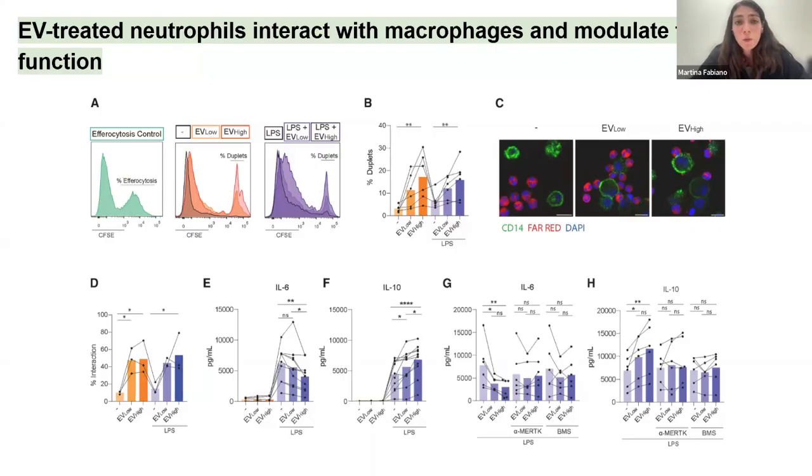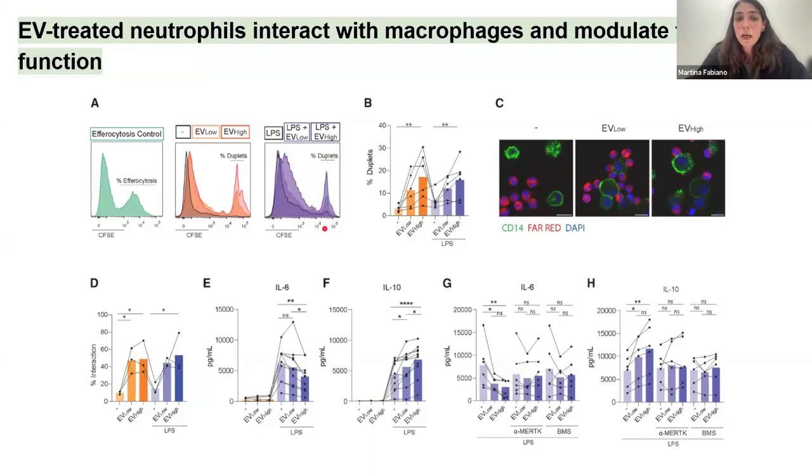In the following two panels, with living neutrophils treated with EVs, in presence or not of LPS, that population does not appear, suggesting that macrophages are not eating living neutrophils. However, a second population appears that is high in CFSE stain.